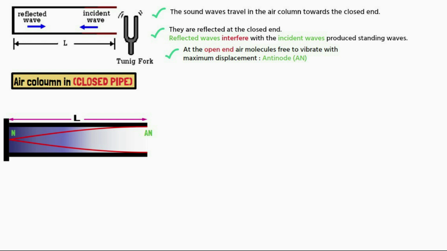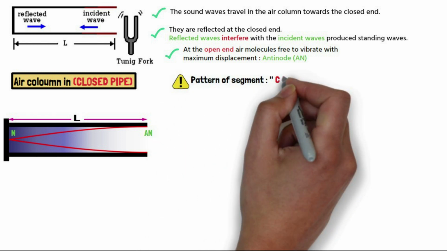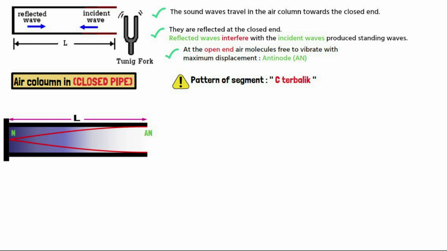Okay, sila ingat. And kalau kita perhatikan for the fundamental mode ataupun first frequency untuk closed pipe, the first standing wave that is produced, the pattern is actually C terbalik. Saya selalu ingatkan pada pelajar, the pattern of the segment is C terbalik. Kalau stretch string tadi, kita tahu the pattern of the segment adalah pattern dorayaki, satu dorayaki.